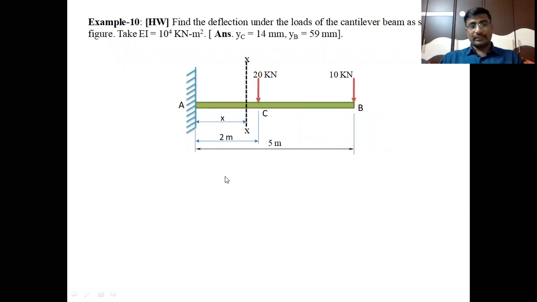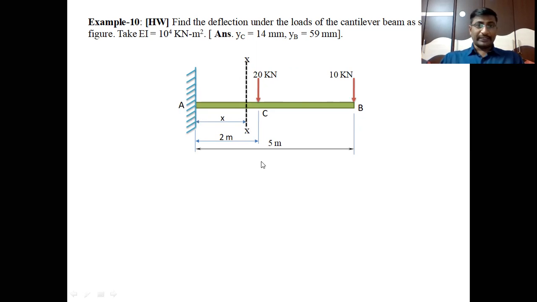Substitute the 2 boundary conditions in the slope and deflection equations. After getting C1, C2 values, write the final slope and deflection equations. By substituting 2 meters in place of x, we will get the deflection at C. If you substitute 5 meters in place of x, we will get the deflection at point B.